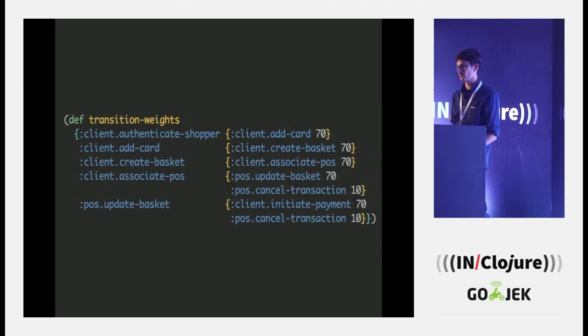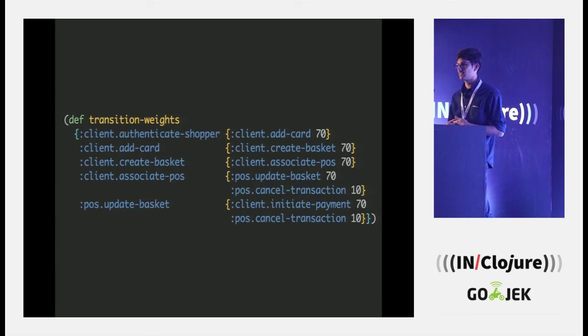The other aspect of it is that after you have done an action, you can go off and branch to any other action in the system, right? Which is also true. The shopper could have associated his mobile phone, and then he decides, oh, I don't have a card, I should add one now. Totally possible. But what we primarily focus on is one happy path of the system.